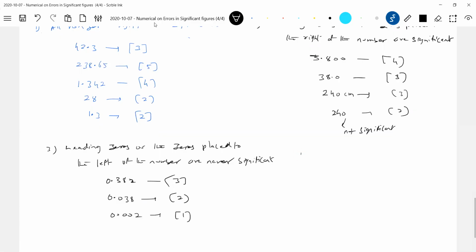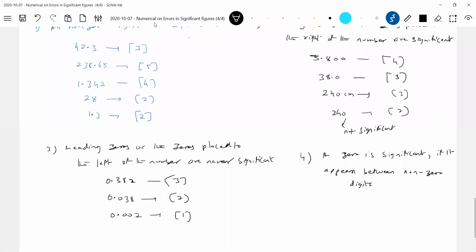Now, if a 0 lies between two non-zero digits, it must be significant. The next rule I'll make: a 0 is significant if it appears between non-zero digits.